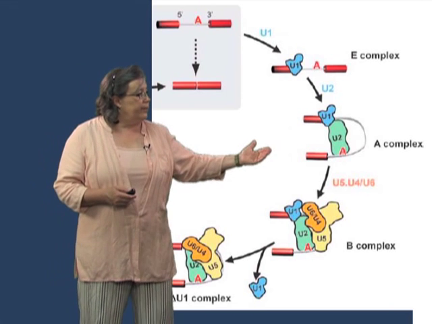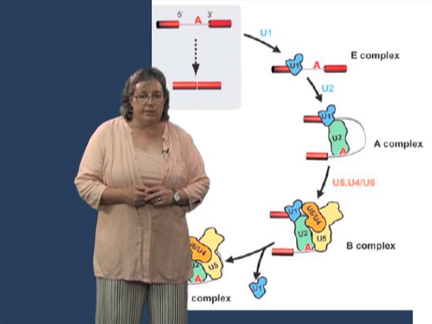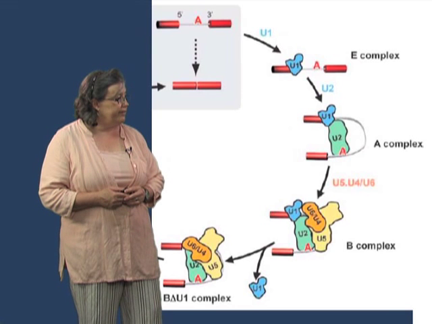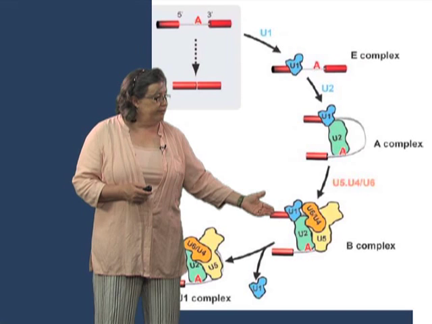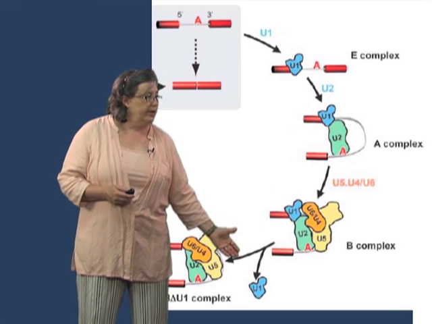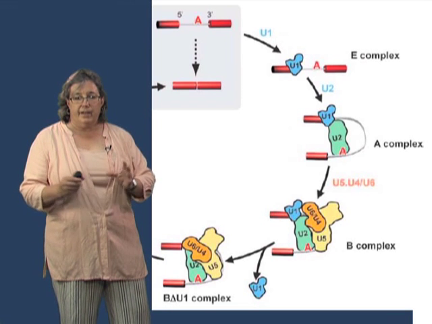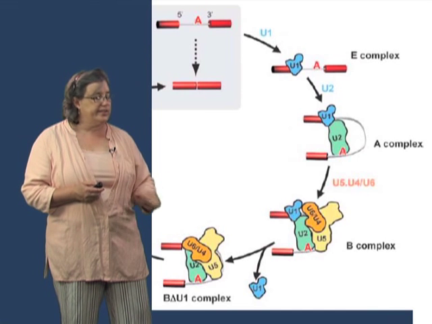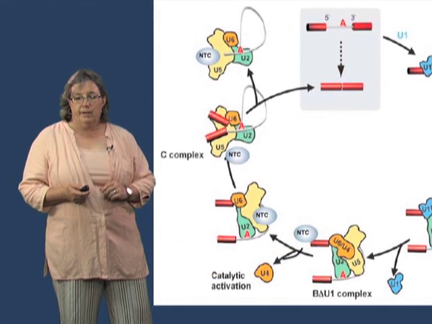So A complex comes first, and then the next big chunk of the spliceosome that comes in is the triple snRNP, U4/U5/U6. Once the triple snRNP is there, we have B complex. Then there's a structural rearrangement where U1 snRNP is ejected, it's kicked out, and things are majorly rearranged such that now U6 snRNA is interacting with the 5' splice site.